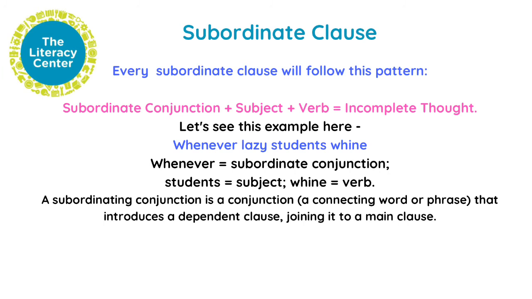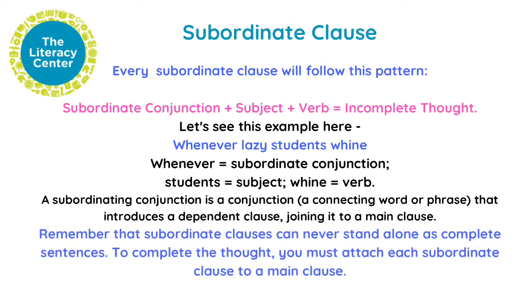So it's a connecting word or phrase which we use to connect this part of the sentence to the main sentence or the independent thought, okay? Remember that subordinate clauses can never stand alone as a complete sentence. To complete the thought, you must attach each subordinate clause to the main clause.